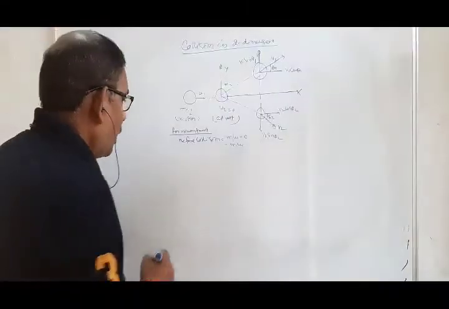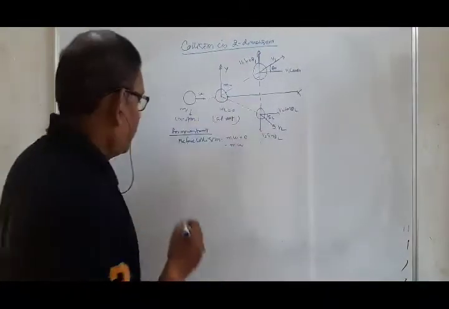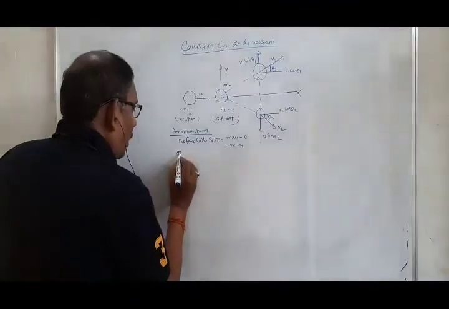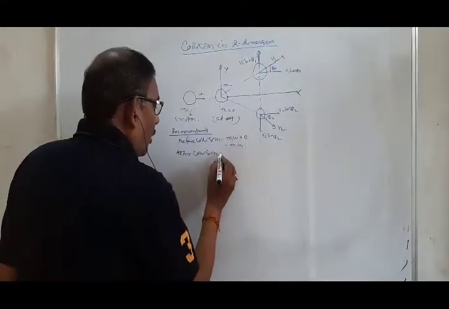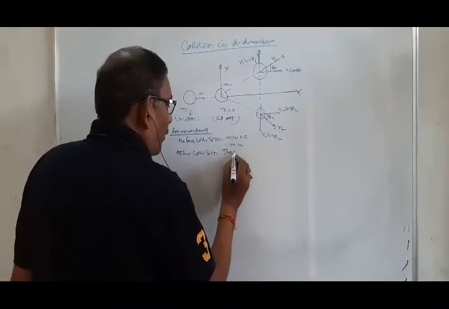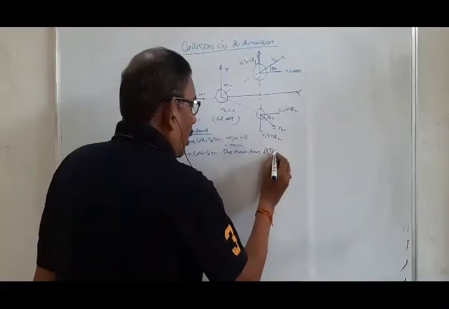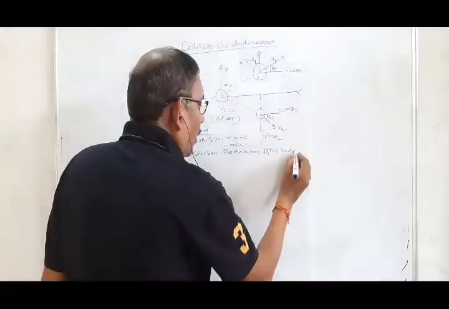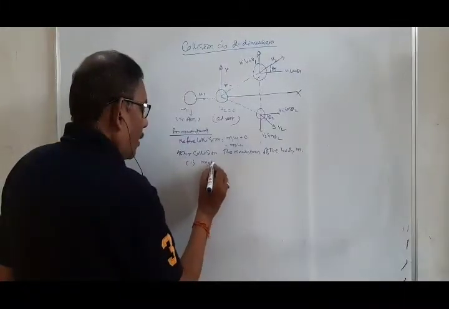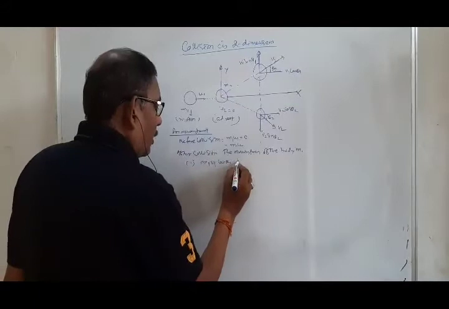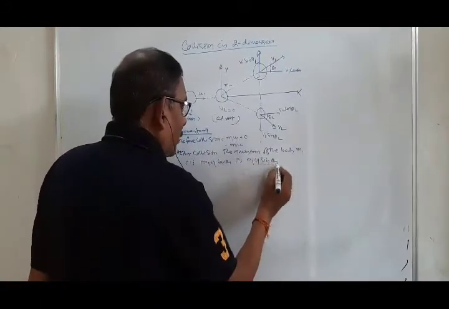After collisions, the total momentum of bodies 1 and 2: after collision, the momentum of the body m1 is m1 v1 cos theta 1 and m1 v1 sin theta 1.